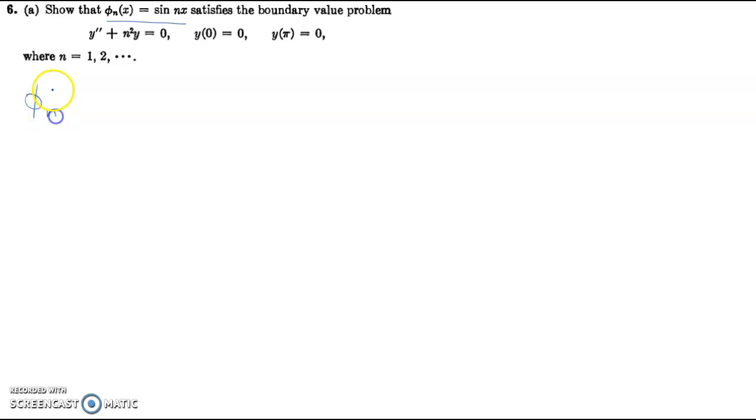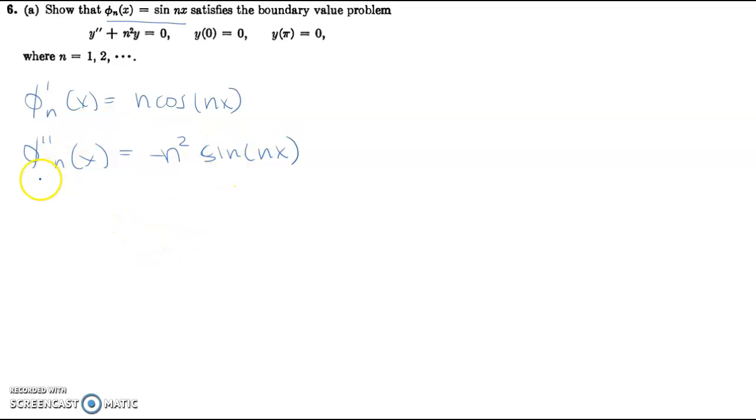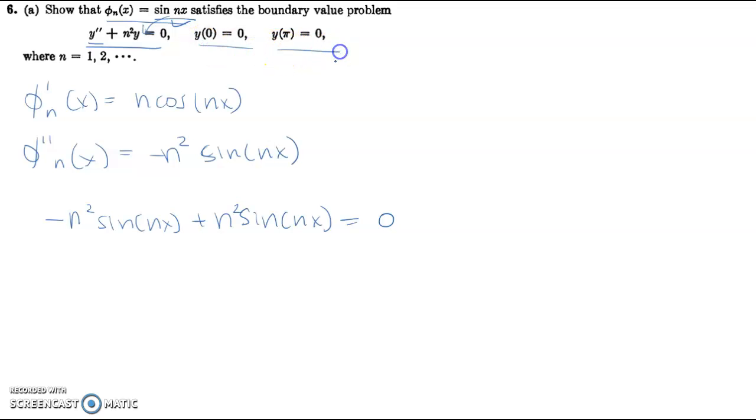Alright, so phi n prime of x is going to be n cosine of nx, and phi n double prime of x is going to be negative n squared sine of nx. By plugging this into y double prime and plugging sine of nx into y, we get negative n squared sine of nx plus n squared sine of nx equals 0. So this is satisfied, but we just have to make sure our boundaries work.